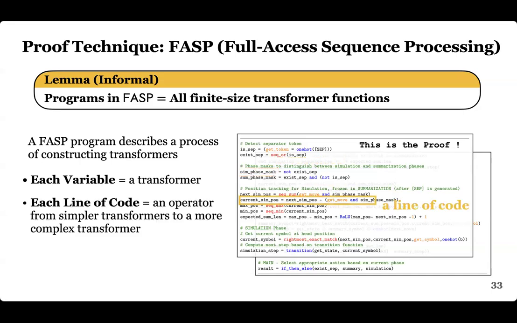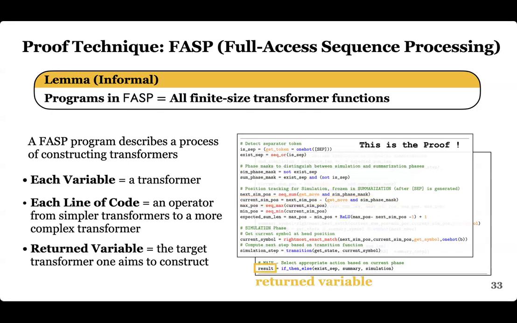Each line of code is a function taking some variables as input and producing another variable, which means for transformers it is an operator from some simpler transformers to a more complicated transformer. And the final returned variable is the constructed transformer we want for expressing this algorithm.